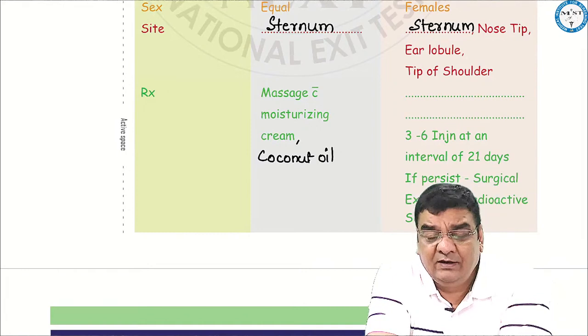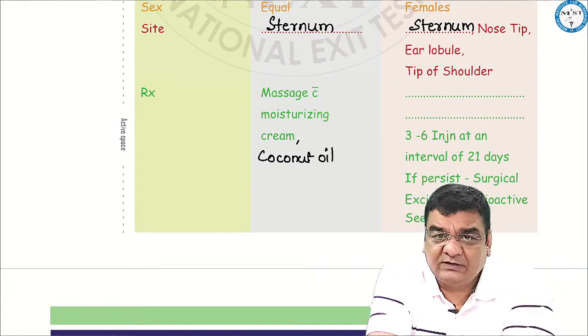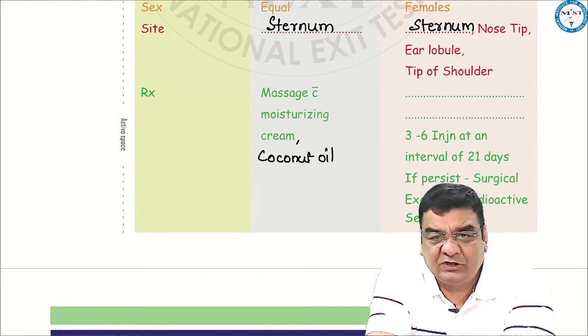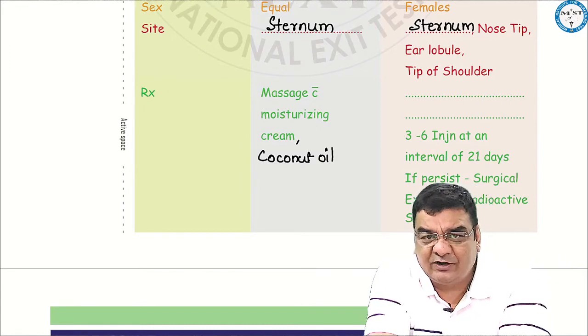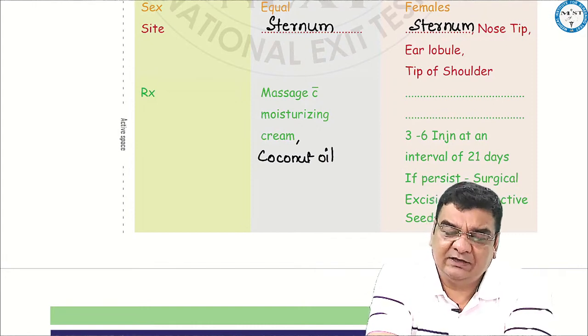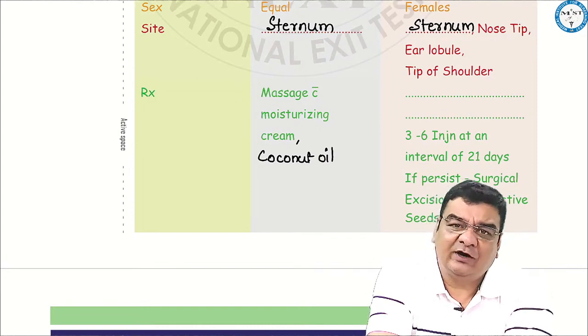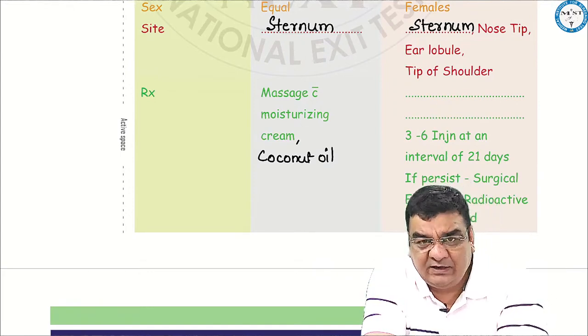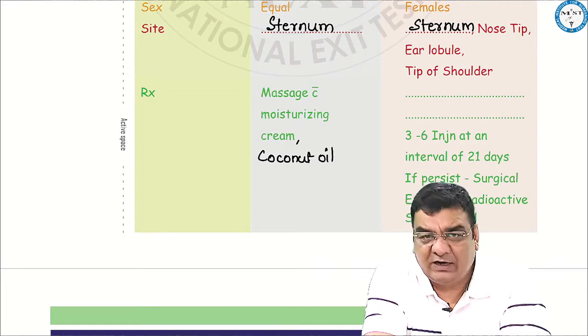However, keloid, which is not going to resolve spontaneously, we give steroid injections into the keloid. Generally, 3 to 6 injections are required at an interval of 21 days. हर 21 दिन पे कीलॉइड के अंदर एक स्टेरॉइड का इंजेक्शन लगाते हैं, जिससे शायद जो कोलेजन फाइब्रोब्लास्ट हैं उनकी ग्रोथ कम हो जाए.